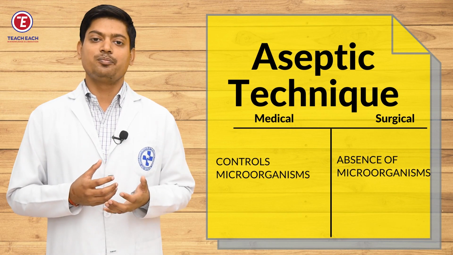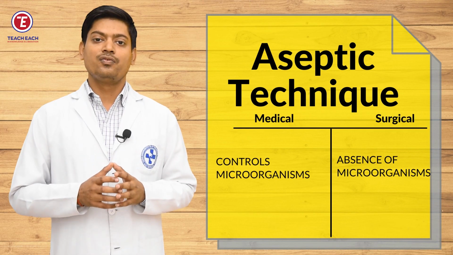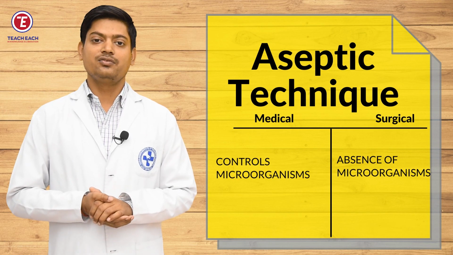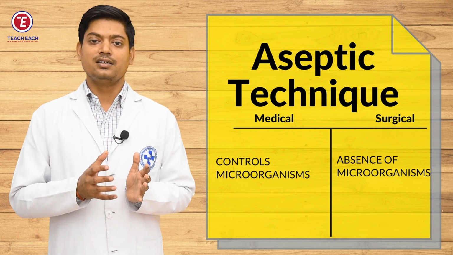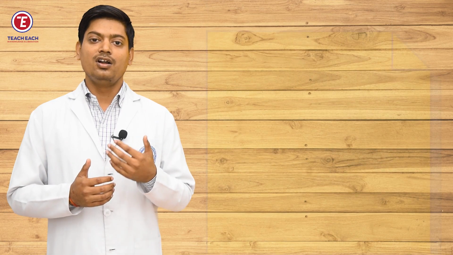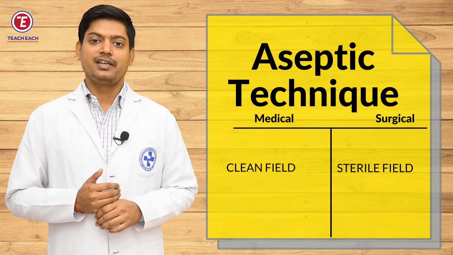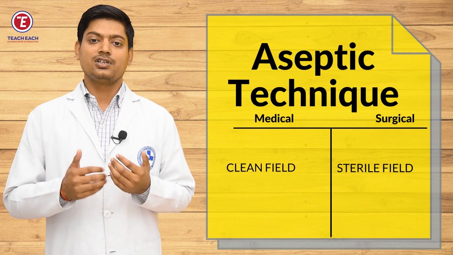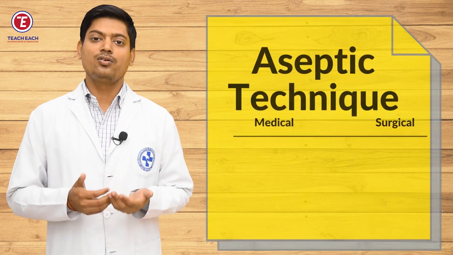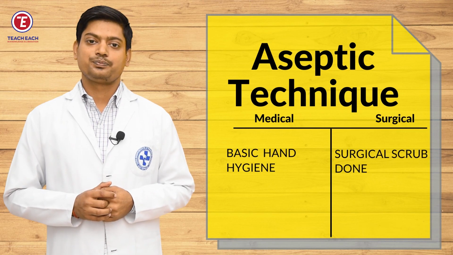Whereas in surgical aseptic technique, all the practices are directed at the elimination of pathogenic as well as non-pathogenic microorganisms. That is why in medical aseptic technique, the techniques used are called clean techniques, whereas in surgical aseptic technique, these techniques are called sterile techniques.